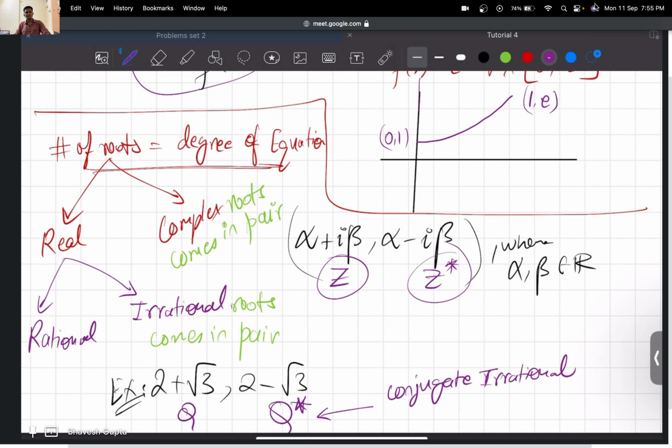So irrational comes in a pair, complex number comes in a pair, and the idea of the pairs is in the means of conjugate. So we can say this to be a conjugate pair. But you can see rational comes distinct, because in the case of rational, you don't have this under root thing.